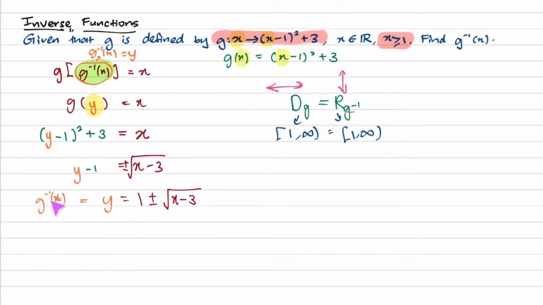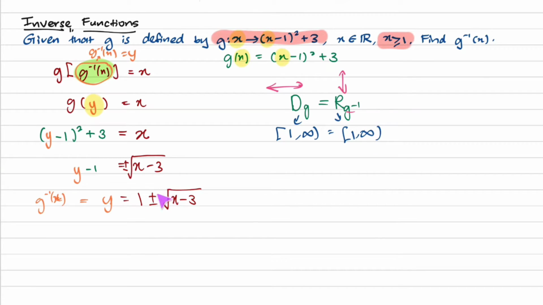So this means the g inverse, or the y in this case, must be 1 and greater. But if I choose 1 minus of anything, it means that I will decrease the value of my y, and it will be less than 1, which is not correct for this case.